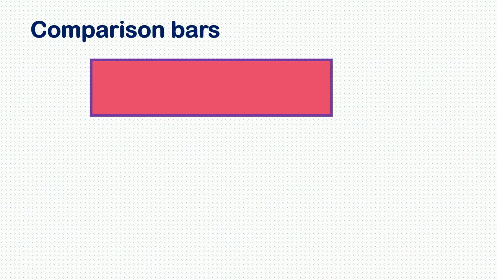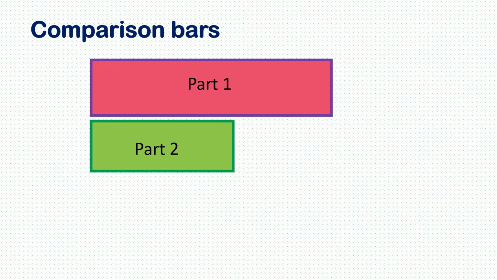First we draw the part 1 bar. This is part 1. Next we'll draw part 2 under part 1. The green color bar is part 2.